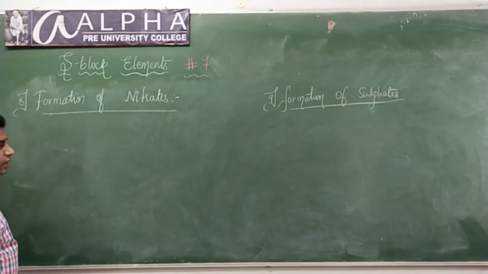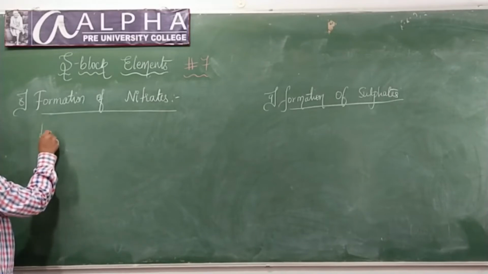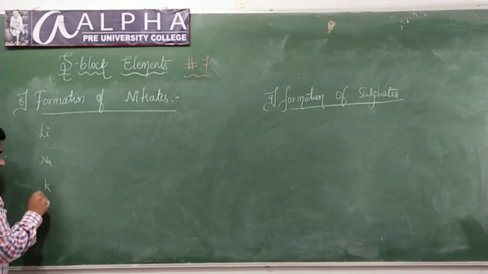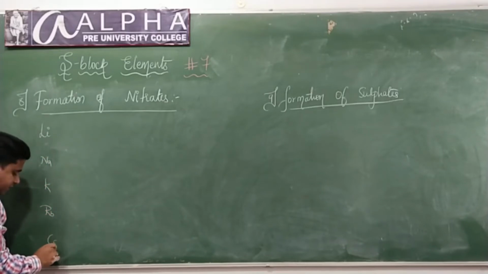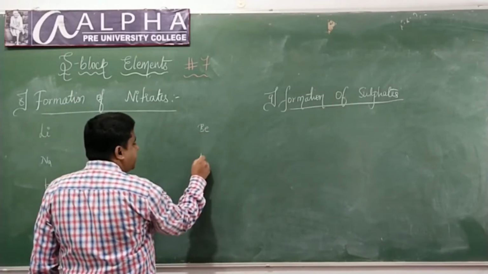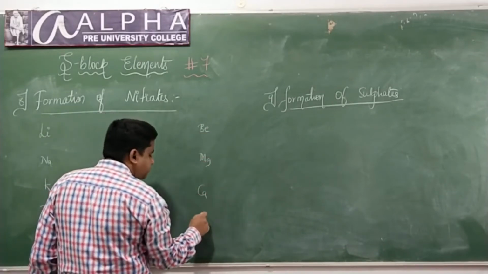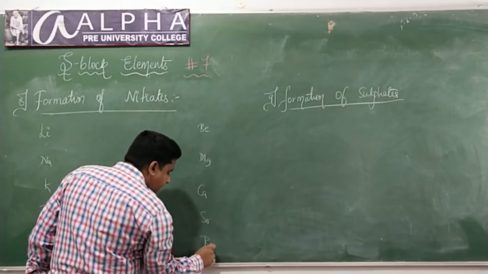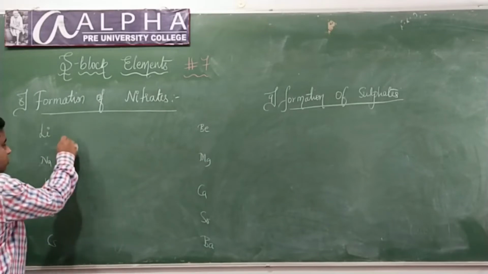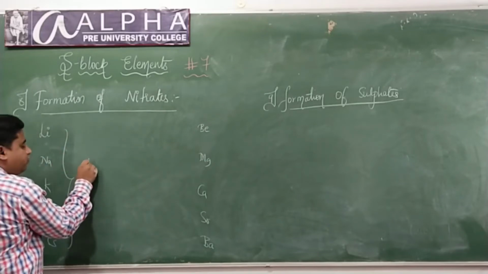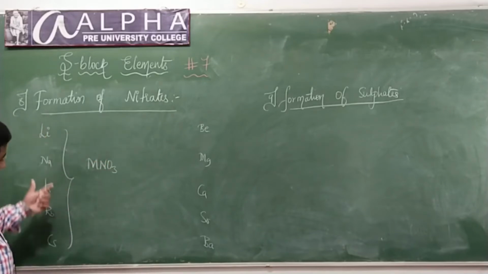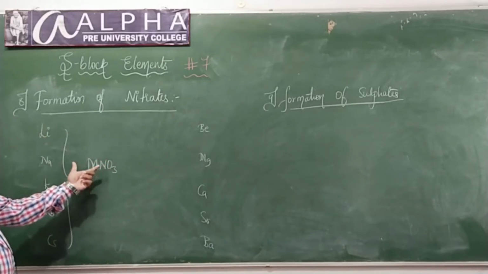See, alkali metals: we have lithium, sodium, potassium, rubidium, cesium. Alkaline earth metals: beryllium, magnesium, calcium, strontium and barium. All alkali metals will form nitrates of the formula MNO3.